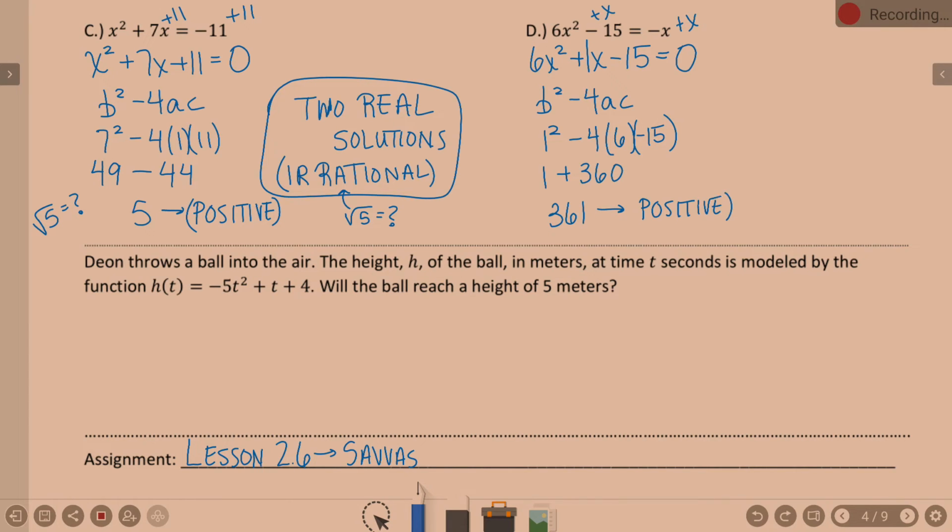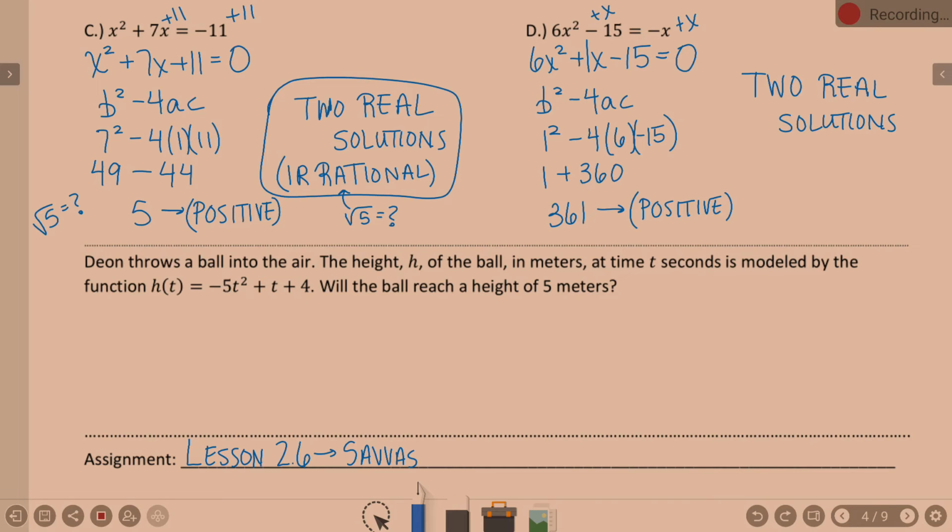We know 361 is a positive value. So what does that tell me? Again, there are two real solutions. Of the rational or irrational variety? Rational. Why rational? This is 361, a perfect square.